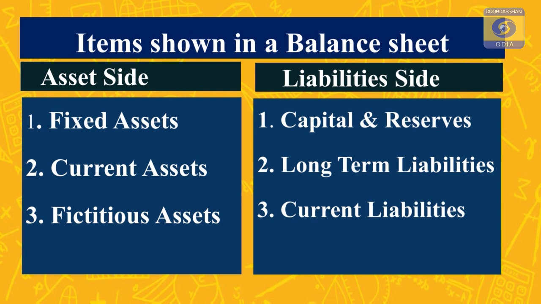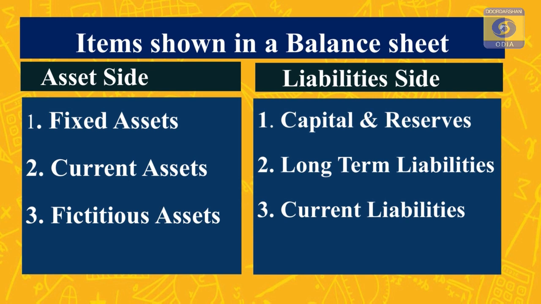So the business considers for how many years it is going to derive the benefits from that expense, and divides that expense into those many years. One portion of that expense goes to the PL account, the rest is shown on the asset side under the head of fictitious assets.